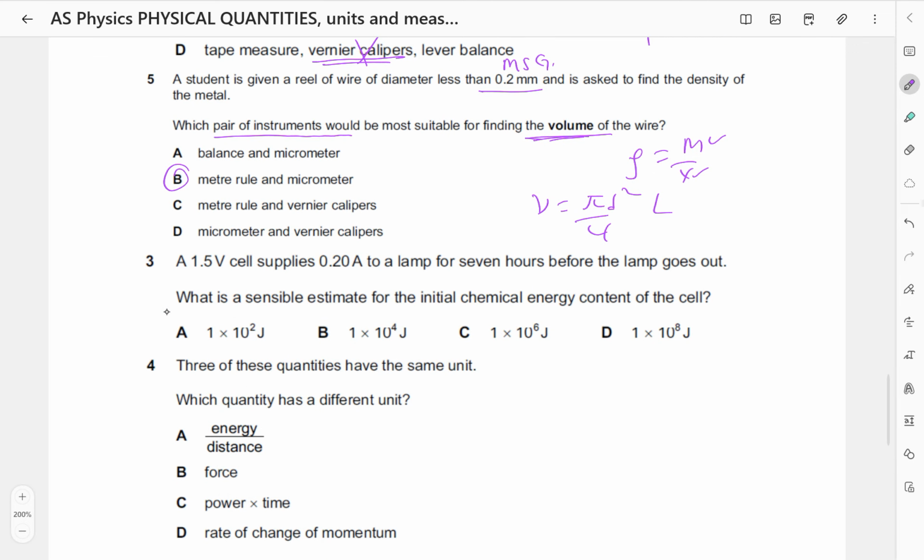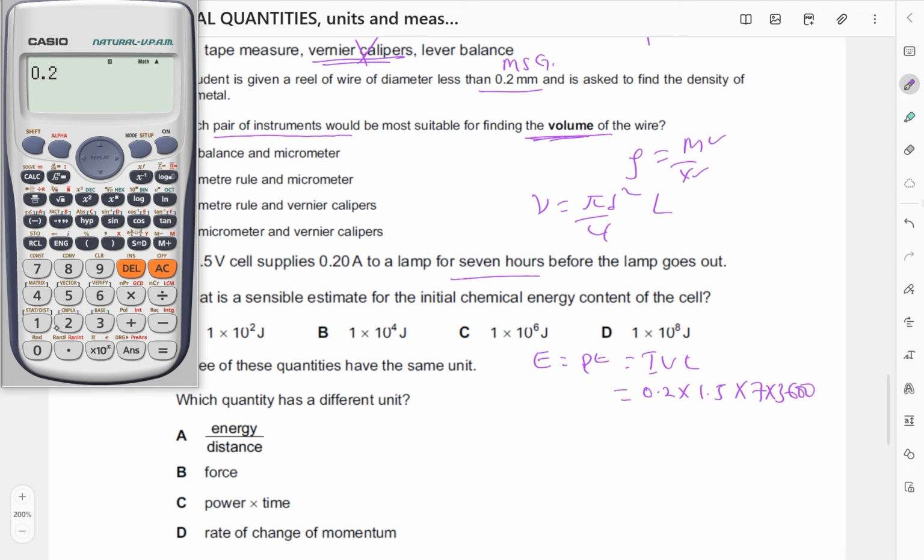A 1.5 volts cell supplies 0.2 amperes to a lamp for 7 hours. So T is 7 hours. Before the lamp goes out, what is a sensible estimate for the initial chemical energy content of the cell? So energy is going to be power times time, which is going to be IV times T. So I is 0.2, then V is 1.5, then T is 7 hours, so it is 7 times 3600.